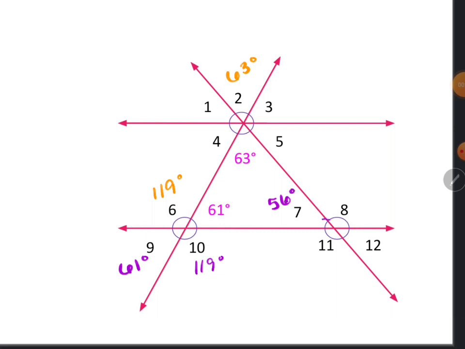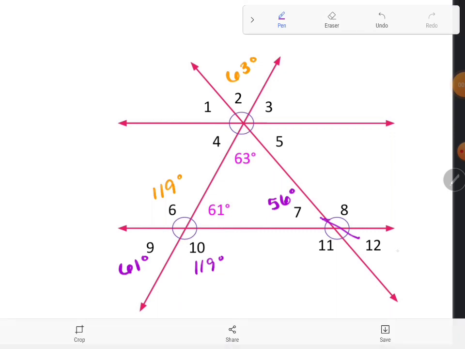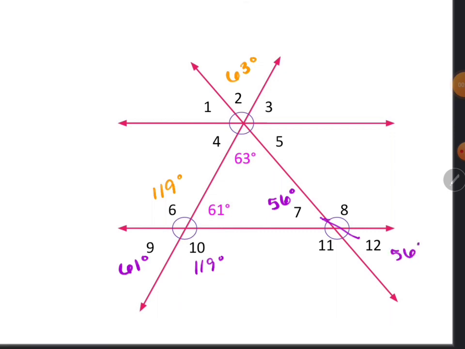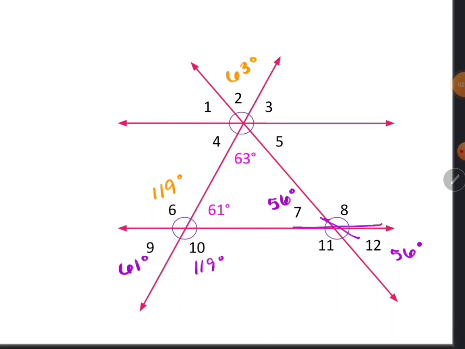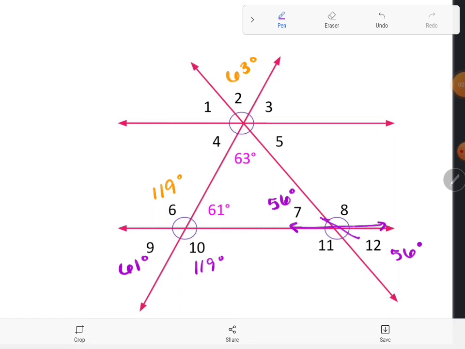Now complementary to that, we have angle 12. That will be the same measurement. And then directly next to it, we have angle 8, and if you'll notice, 7 and 8 make a supplementary figure. So what we're going to do, we know they equal 180 together.